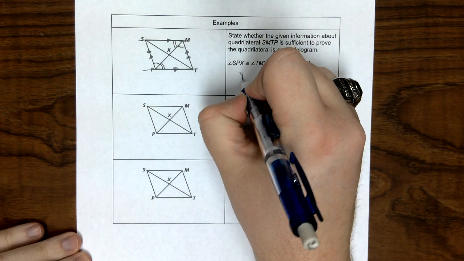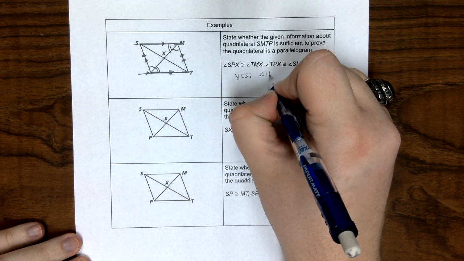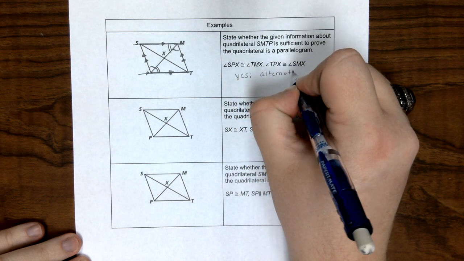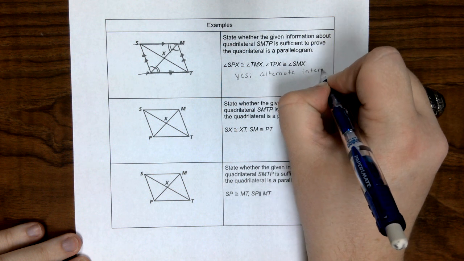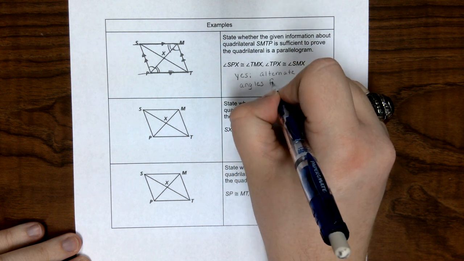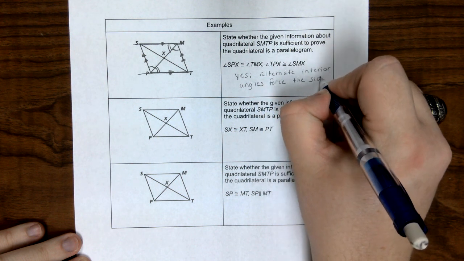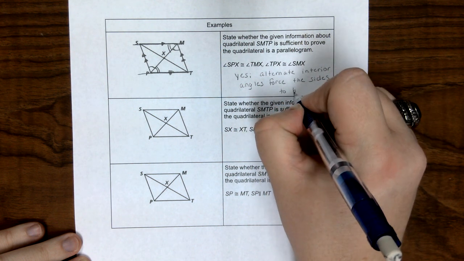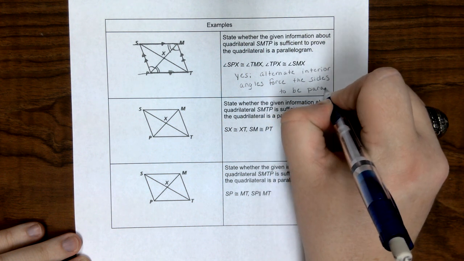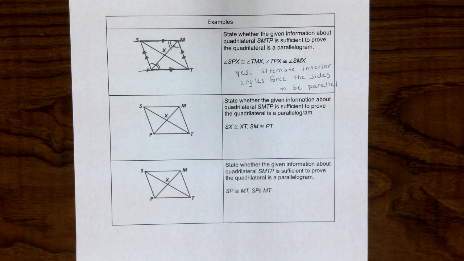So here we're going to say yes, alternate interior angles force the sides to be parallel. Okay, that's an instance where you use the actual definition to prove it. You might have to do that, so don't forget that definition, okay?